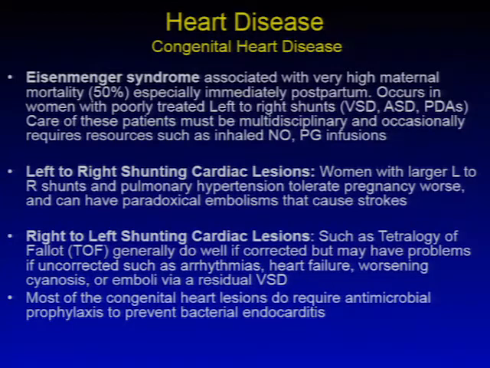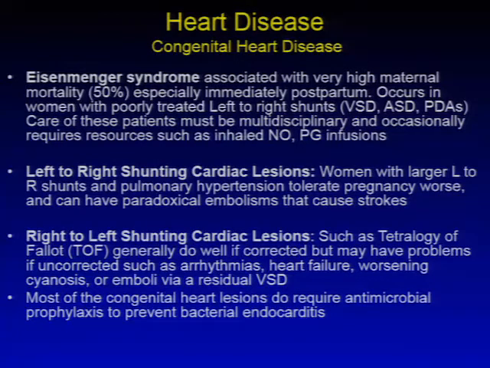Eisenmenger syndrome is associated with a very high maternal mortality, up to 50%, especially in the immediately postpartum period. It occurs in women with poorly treated left to right shunts, such as VSD, ASD, and PDAs. Care of these patients must be multidisciplinary and occasionally requires resources such as inhaled nitric oxide and prostaglandin infusions.